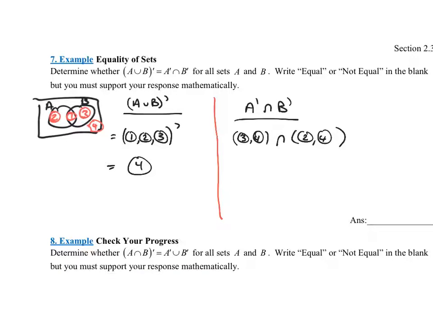Remember, intersection means what's in common. So what do you see in common between those two things? I see region 4 in common between those two things. So because these two things are the same, that implies these two things are equal.